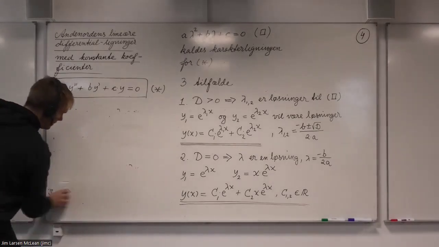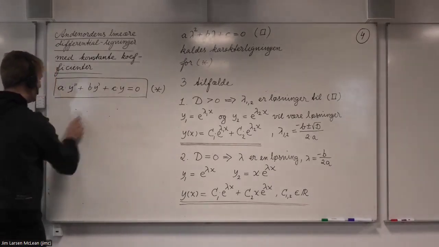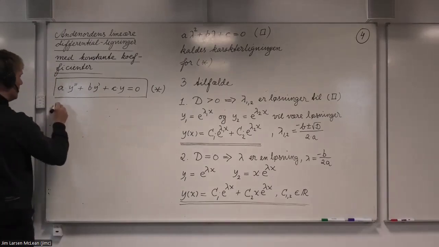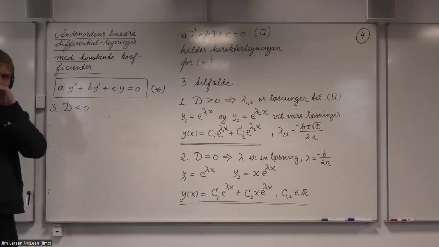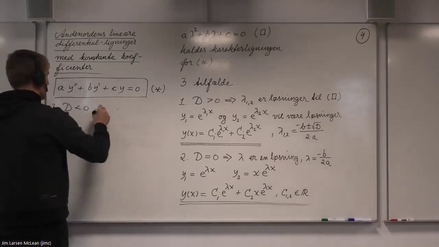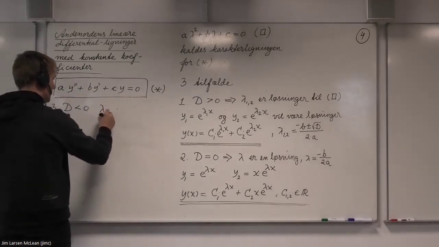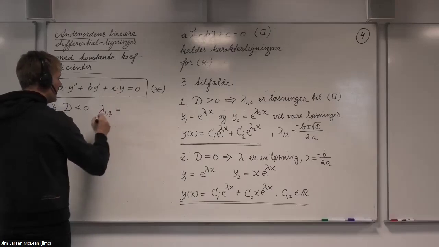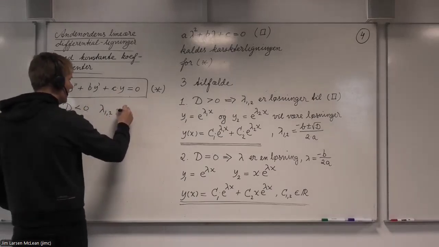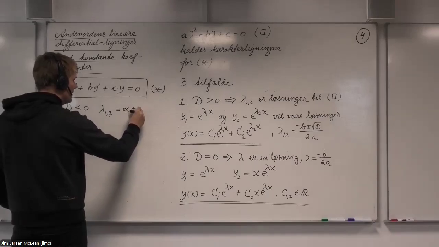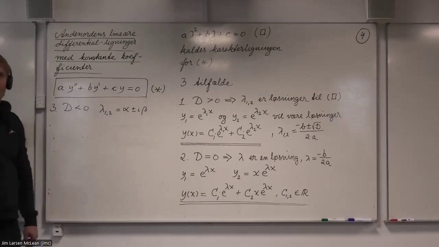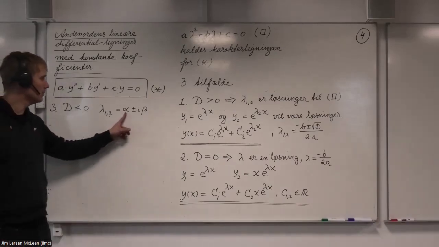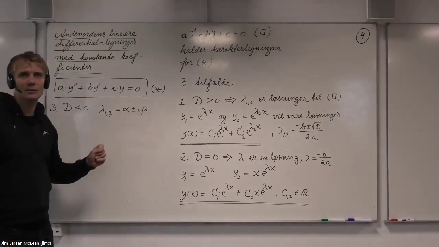So the last possibility is that the discriminant is negative. That is option 3. If d is less than 0, you get two lambdas, and they will be two complex numbers. I write them like this: alpha plus or minus i times beta. What that means will probably become clearer when examples are given, but it could say 2 plus or minus 3i, for example.